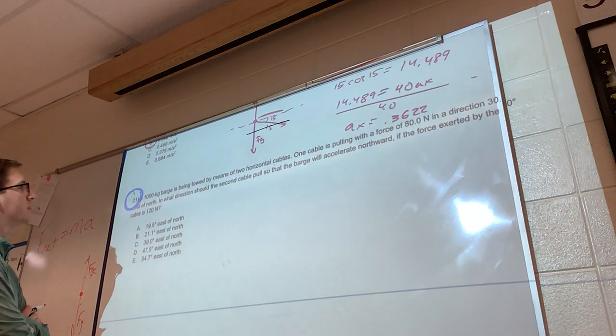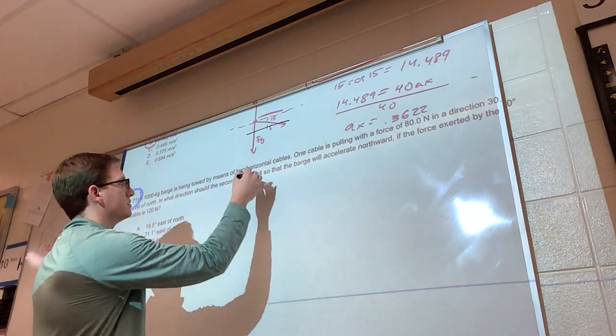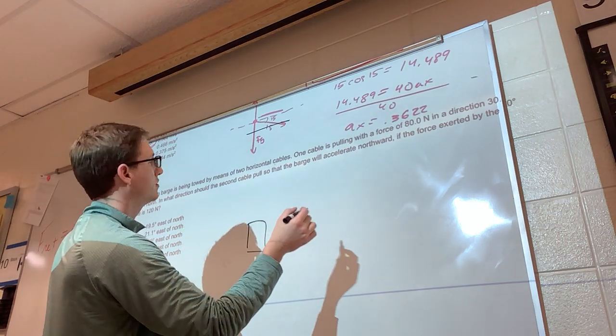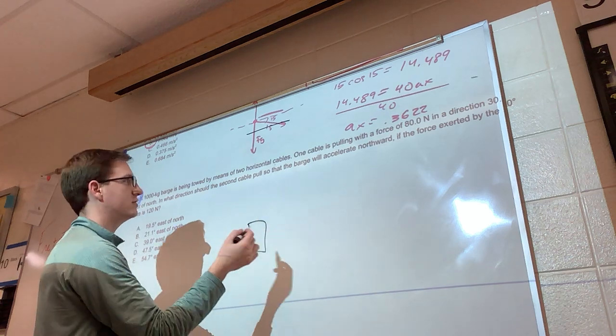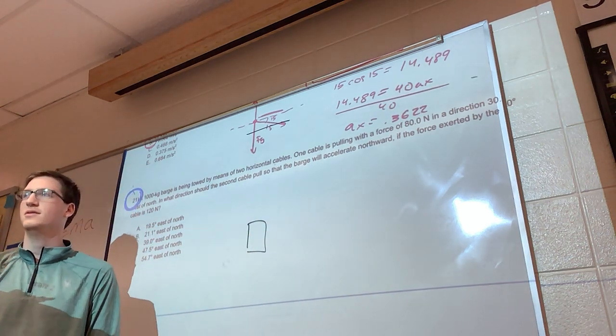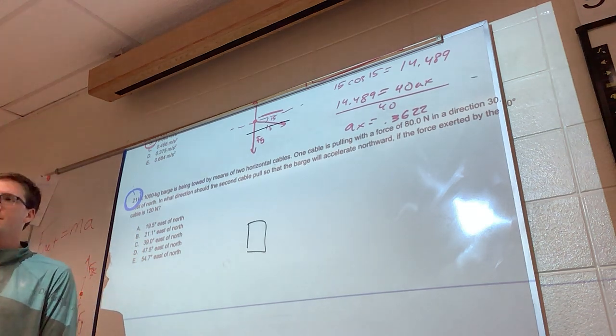Not the same problem, but the same type of problem. There's three cables and you just need to make them balance. So you're going to end up adding up all the things left and right equals 0, adding up all the things up and down equals 0.